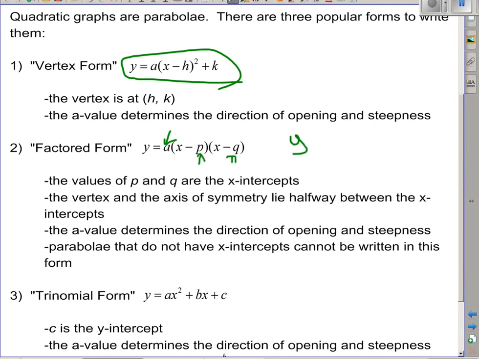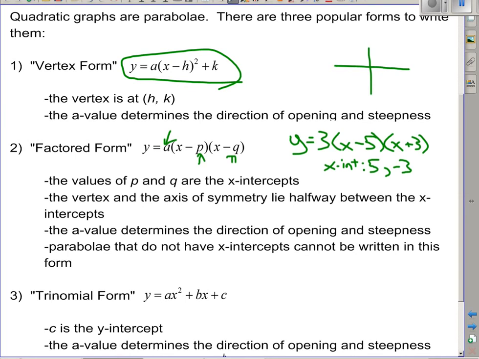So if I had y equals 3 times (x minus 5) times (x plus 3), this would give us a parabola that opens upwards, that's somewhat steep because it's got a 3 in front, but most importantly that has x-intercepts at 5 and at negative 3.